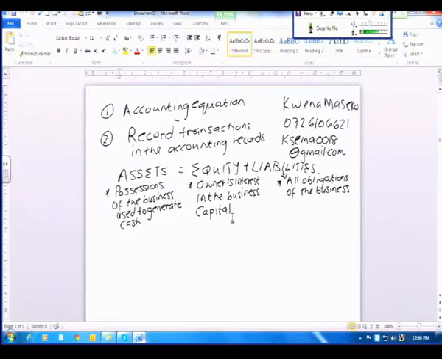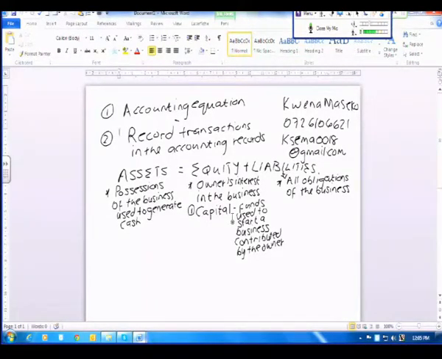Capital is the money or funds used to start a business, contributed by the owner. So that's what we call capital.